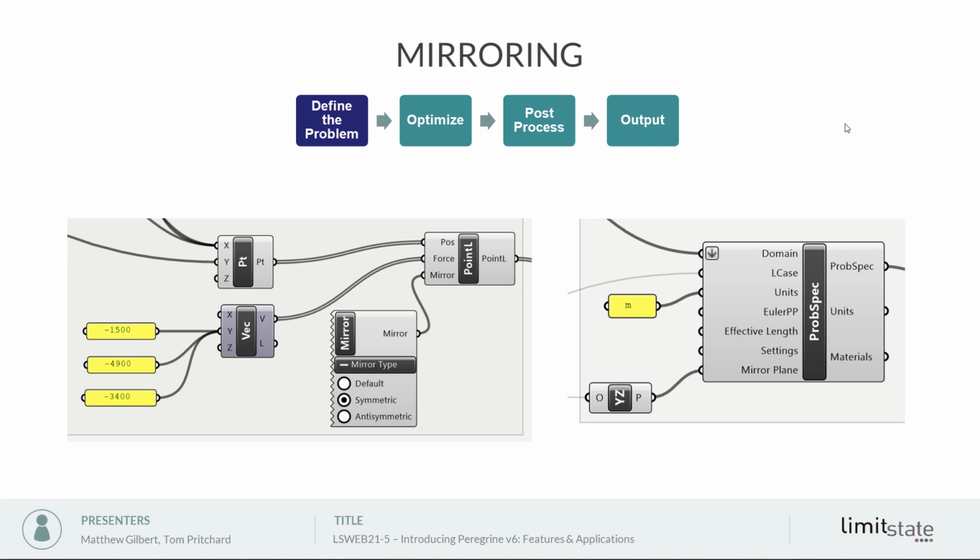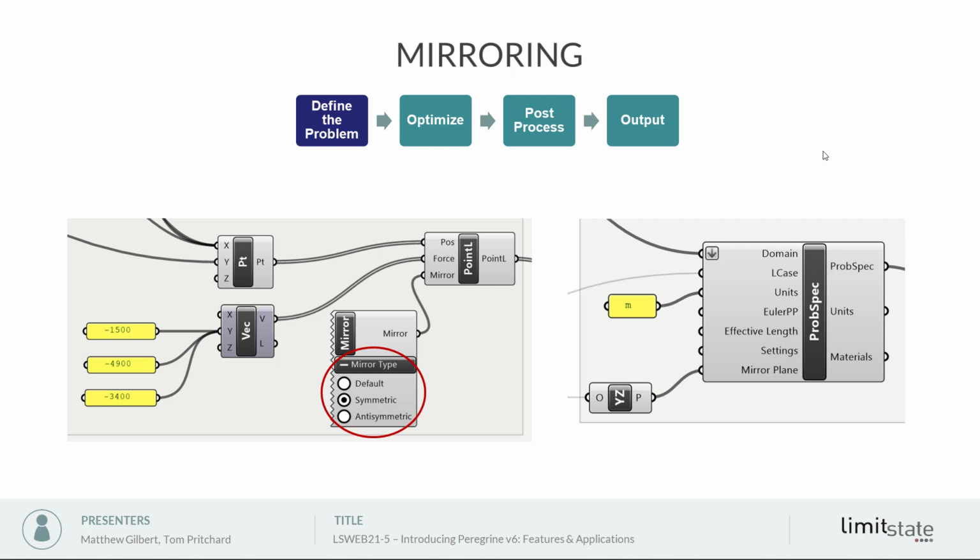Again, mirroring is something that is set up in the problem definition, and we can see here within the mirror component that we've in this case chosen a symmetric mirroring type, and we've applied that to the mirror input into a point load.